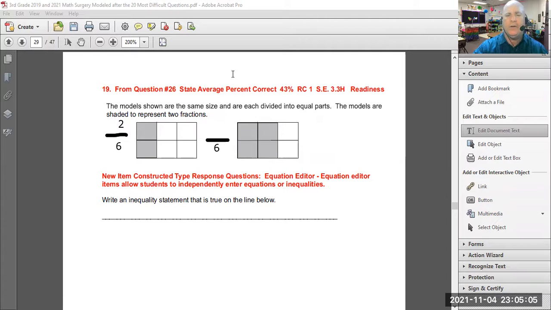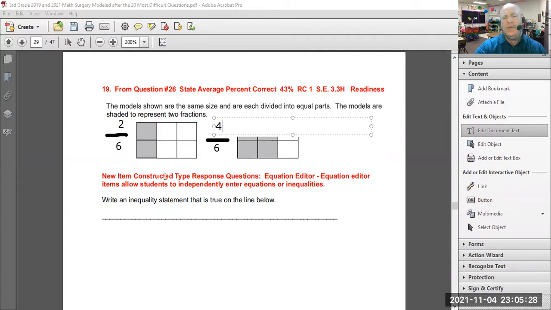That's the simple part. So we'll look at the spotlight again. 1, 2, 3, 4. Numerator out of 5, 6. So right there, we would place a 4.